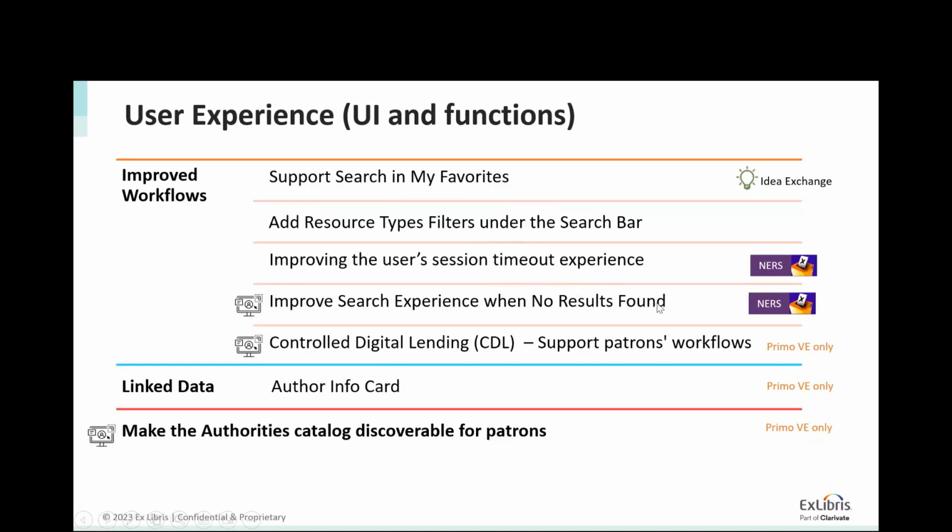And of course, we have those items that I added this icon to that are still in design, therefore we cannot show more details. Improving the search experience when no results are found. This is actually a NERS enhancement initiated to prevent some autocomplete suggestions and failure when no results are found.